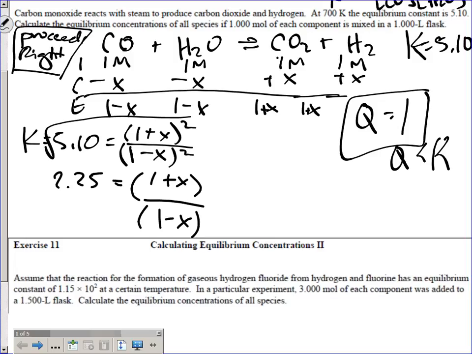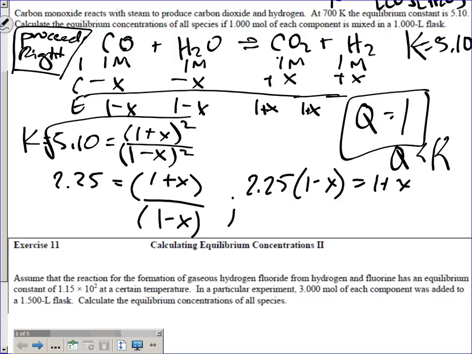AJ? Okay, so when you multiply and you distribute, then we eventually get to 2.25 times 1 minus X equals 1 plus X, and then distribute in, and then 1 comes over, and then the X's get combined. Yes?